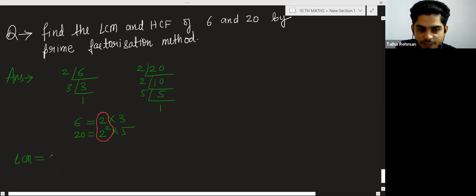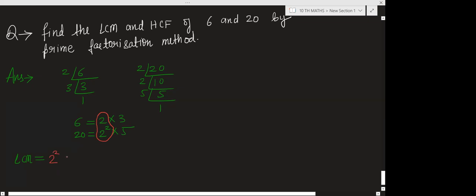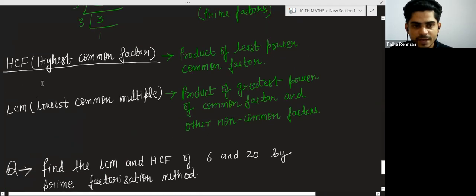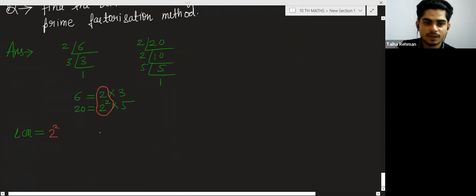Means we will take 2 to the power 2. Yes, sir. See the definition. LCM is the product of the greatest power of common factor and other non-common factors. 2 to the power 2 and other non-common factors means 3 into 5. This will become 60. So LCM is 60.